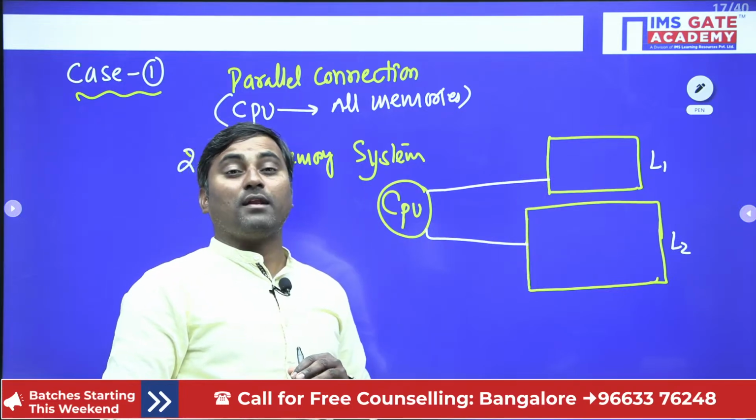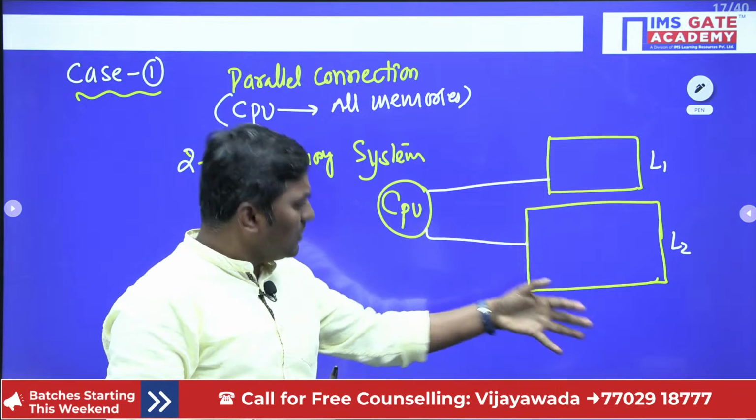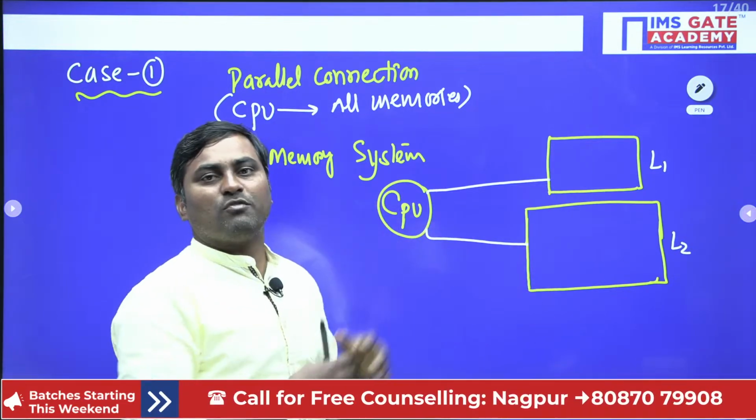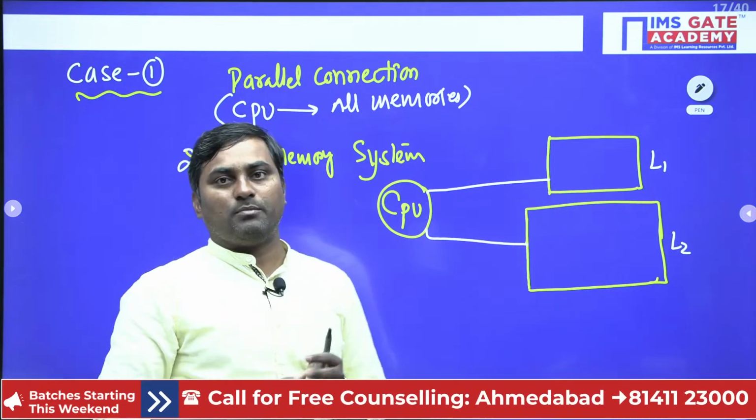This we call the parallel connection mechanism. For a two-level system, 2 buses; for three levels, 3 buses; for 4 levels, 4 buses. That is what you have to understand in a parallel connection.